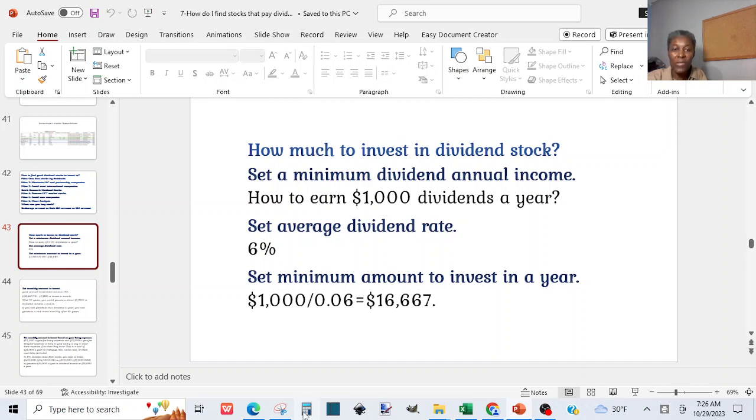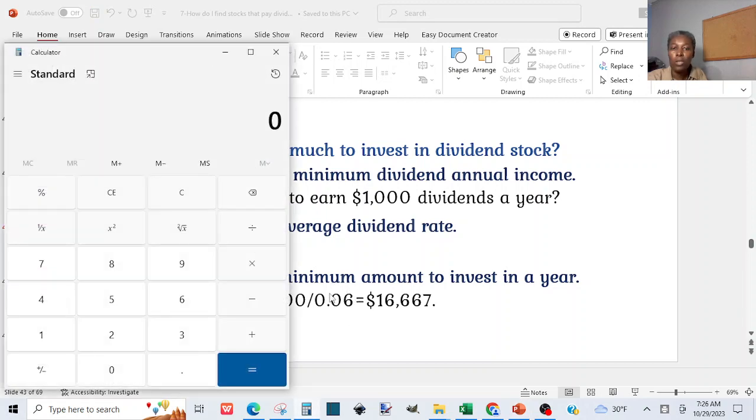So you will first set the dividend yield that you want to earn from those stocks, from those companies. You saw we came across Foot Locker that is paying 8%, and we saw GPS that was paying 4%. So if we set 6% as an average, and that's what you want to target, you'll take that $1,000 that you want to make a year and divide it by 6%.